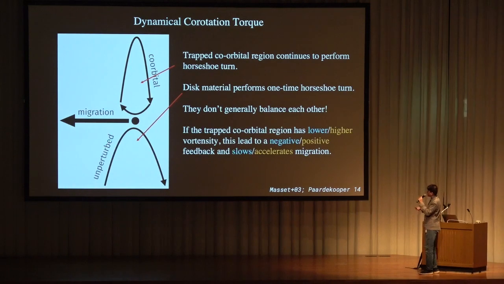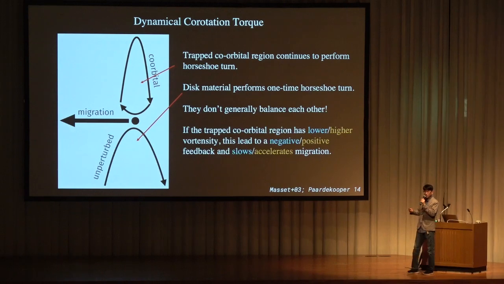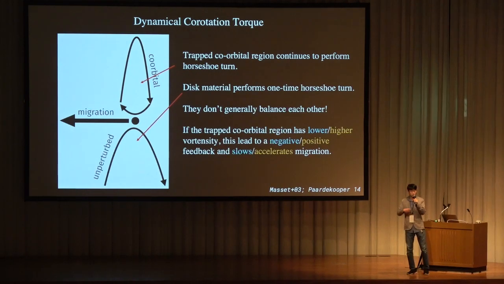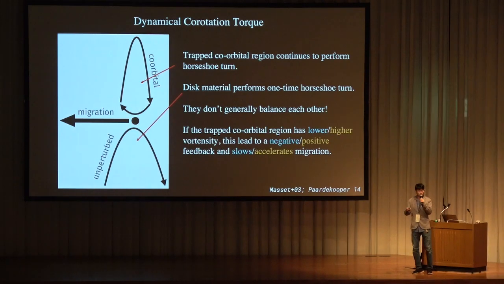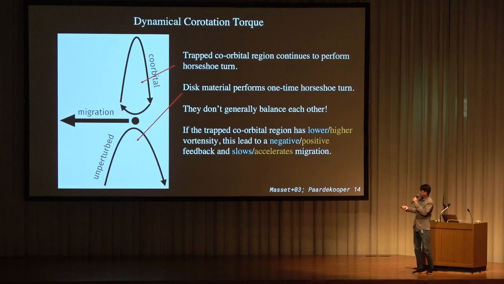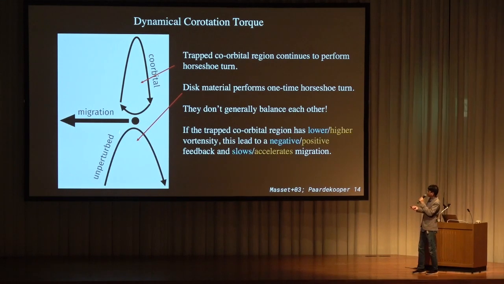And then on the other side, because the planet is moving, the gas comes in, and then it encounters the planet, performs a horseshoe turn, but then the planet moved away. So this stream never comes back. This is a stream that comes in from the background disk, performs one turn, and never comes back. So this is a turn that is performed by disk material at where the planet is currently located. So the material here is where it started, and this turn is where the planet is currently at.